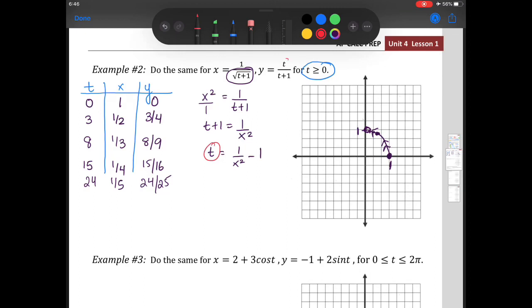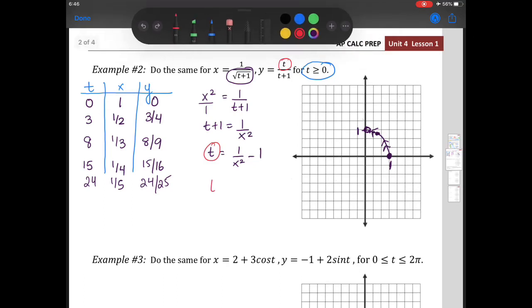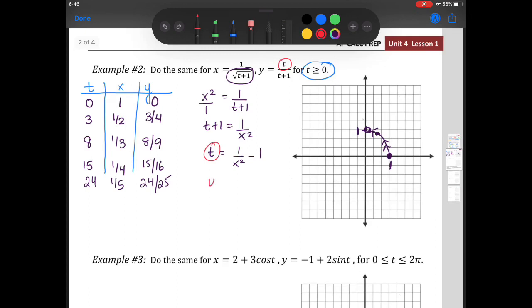Now I want to substitute that t into this equation and get rid of the parameter, right? Oops, I'm writing y, not t. y is equal to, so I have 1 over x squared minus 1 all over 1 over x squared minus 1 plus 1.